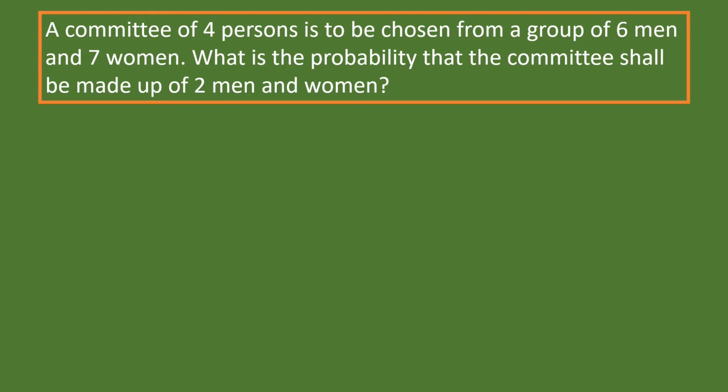In this problem, there are actually 6 men and 7 women. And from these 6 men, we need to choose 2 men, and from the 7 women, we need to choose 2 women. So this means that we need to get the combination of 6 taken 2 at a time and the combination of 7 taken 2 at a time in order for us to get the total number of occurrences for having a committee with 2 men and 2 women.